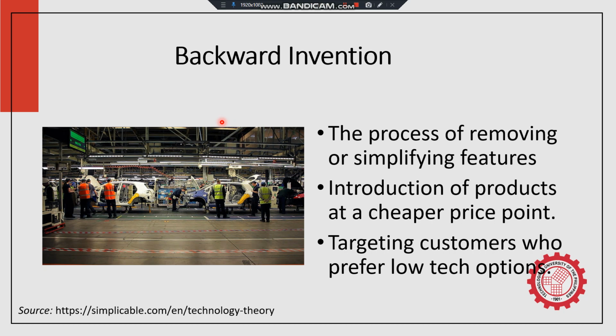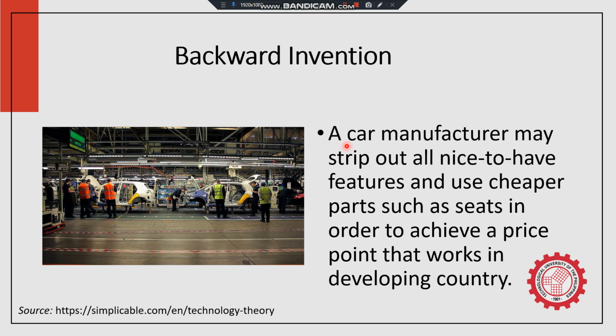So many other companies created and manufactured cell phones with more basic features than the Nokia that came out then. Okay? And sold them at a more affordable price. Now, in our example in this slide, we have a car manufacturer.